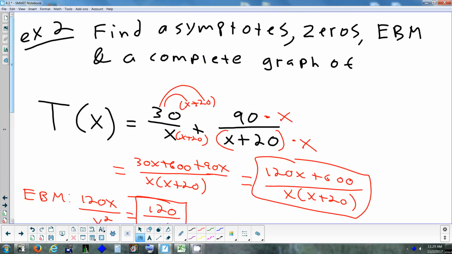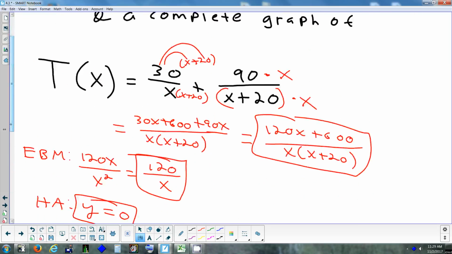The zeros. That's where your graph crosses the x-axis. That's your x-intercepts. So to find your x-intercept, you plug in 0 for which letter? If you plug in 0 for x, that gives you your y-intercept. So plugging it in for y.